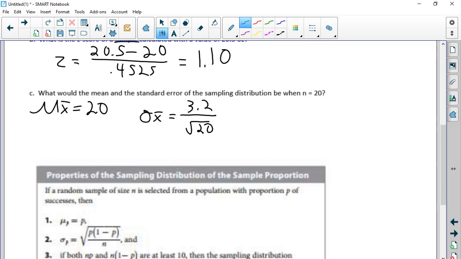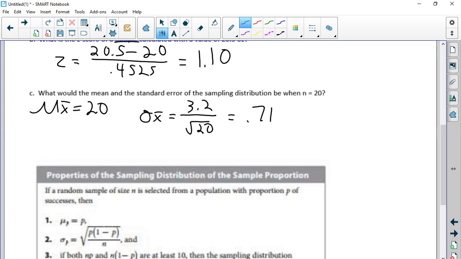Now remember, 20 is below our magic number, so you have to be cautious about this. It ends up being 0.71. So the standard error, or the standard deviation of the sample, is 0.71.